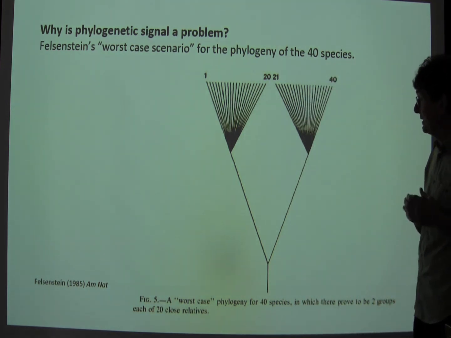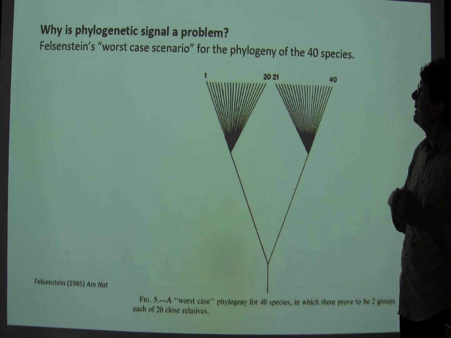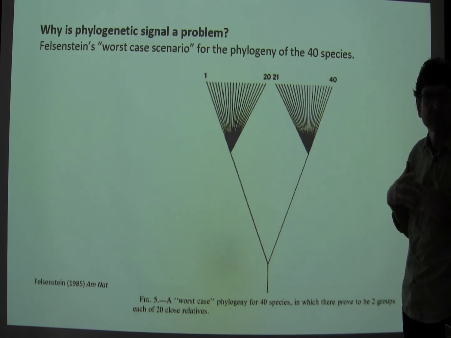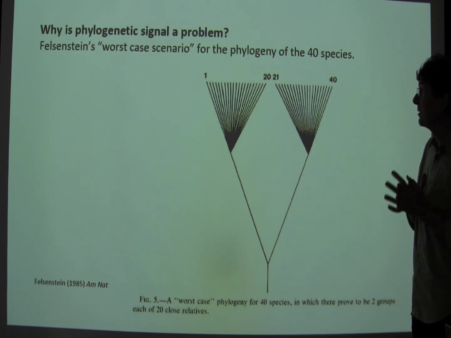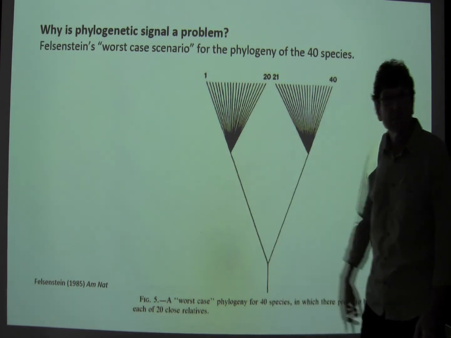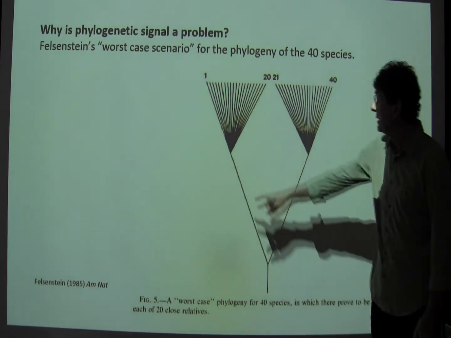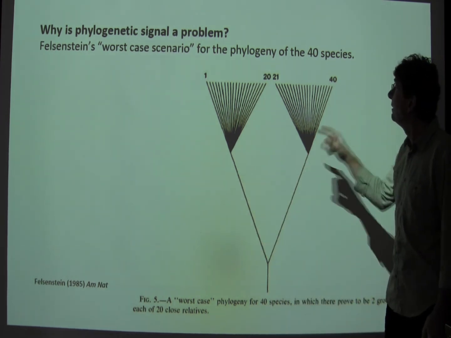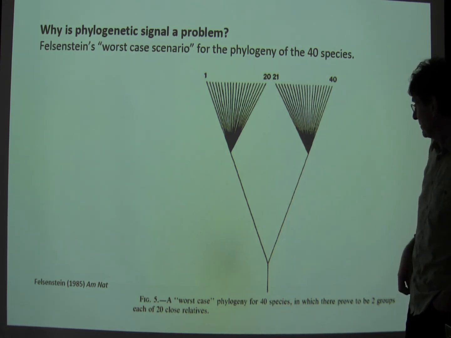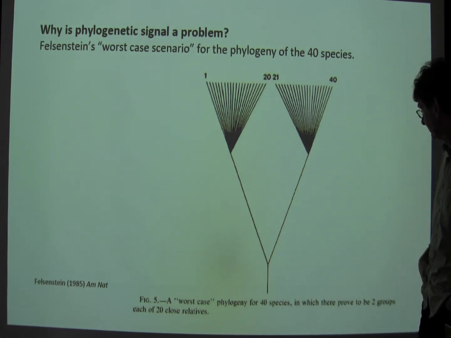But Felsenstein said, let's illustrate the potential problem with what he called his worst case phylogeny. And it looks like this. Species 1 to 20 are all related by descent more or less simultaneously, and 21 to 40 also, but these two groups of species fall into two clades.